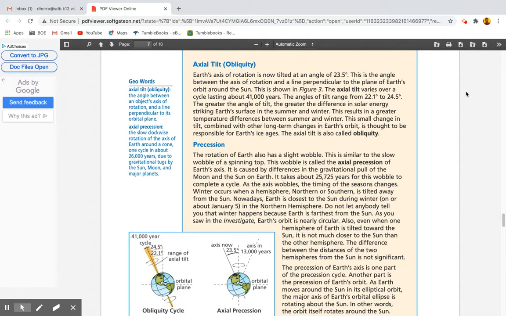The angles of tilt range from 22.1 degrees to 24.5 degrees. The greater the angle of tilt, the greater the difference in solar energy striking Earth's surface in the summer and winter. This results in greater temperature differences between summer and winter.